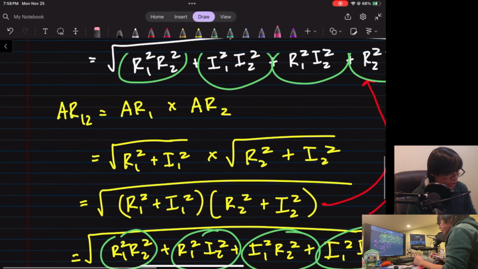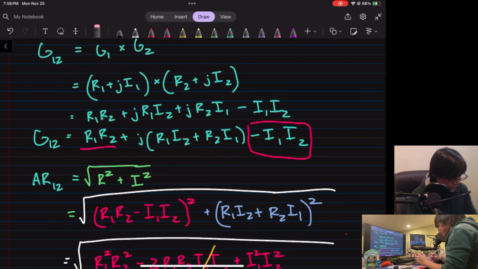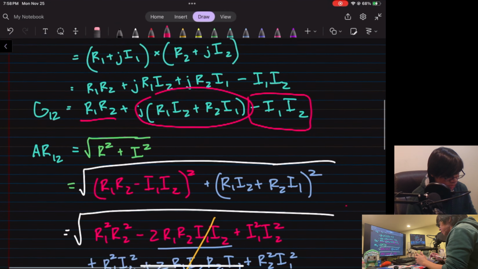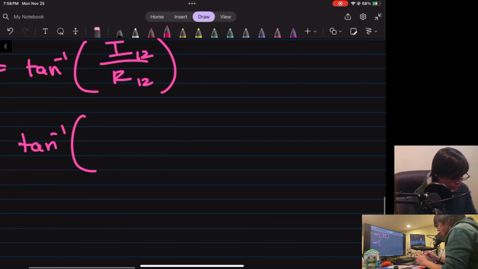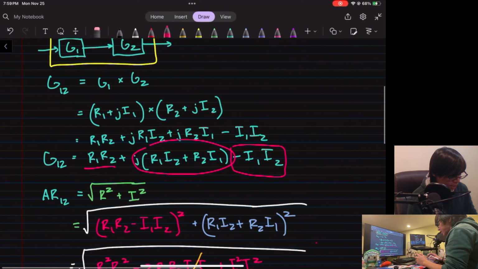We have our imaginary portion, the middle term here, the j's. So got a lot circled there. So this term without the j, so that's R1 I2 plus R2 I1. I guess I'll put imaginary first. So just the different combination. So that's our imaginary over our real.